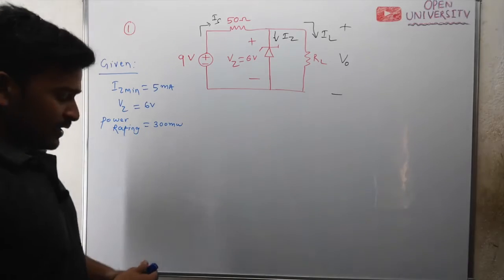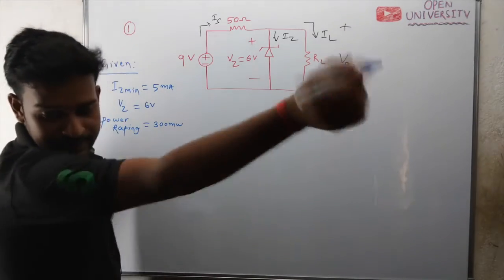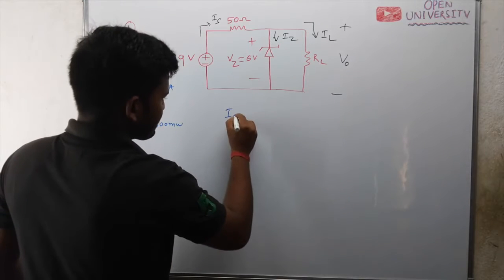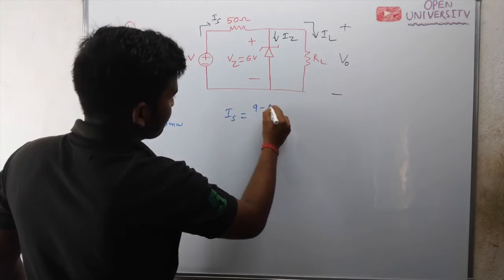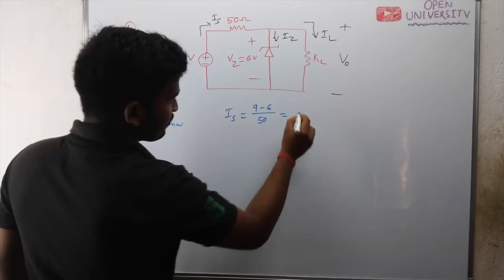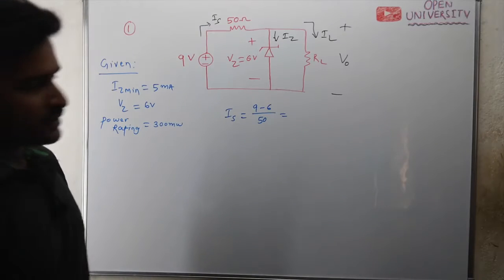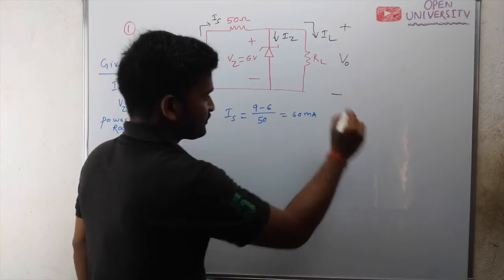First find out what is IS. IS is equal to 9 volt minus 6 volt divided by 50, which equals 60 milliampere.